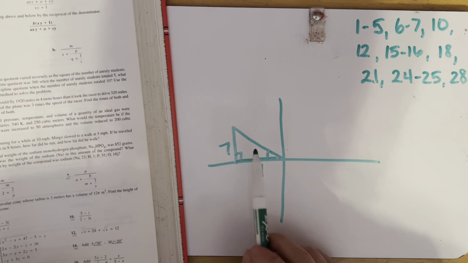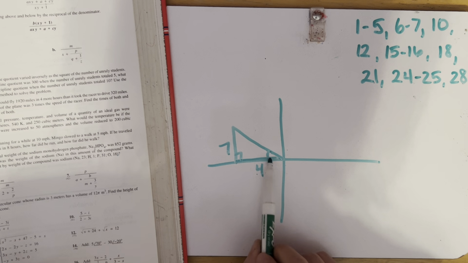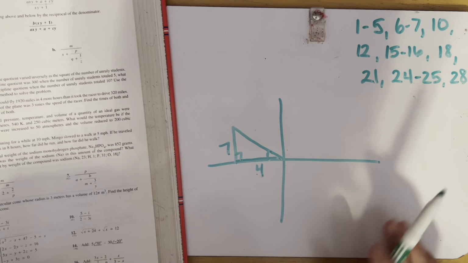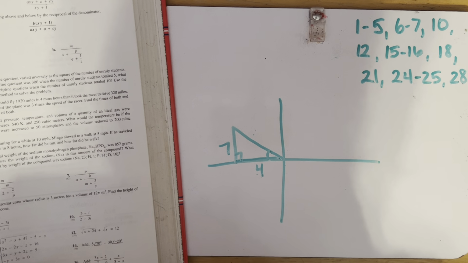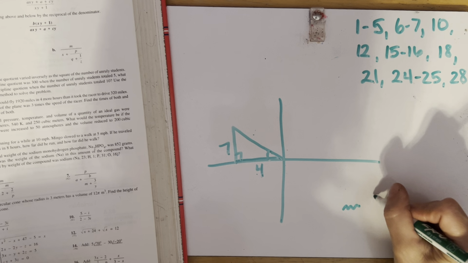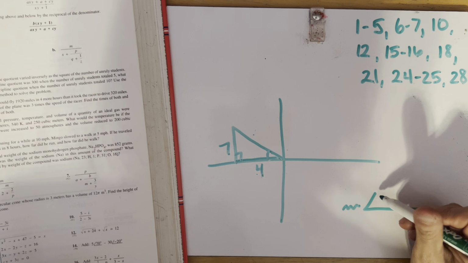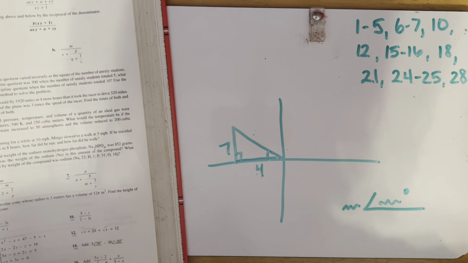Then I can use tangent to figure out what this angle is. Tangent is opposite over adjacent, so tangent inverse of 7 divided by 4. Once you have this and your angle, that's your answer in polar form. You're writing some number here at the point, at the angle, and then whatever you get for this angle with a degree sign.